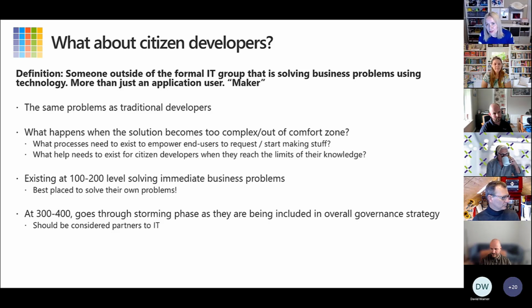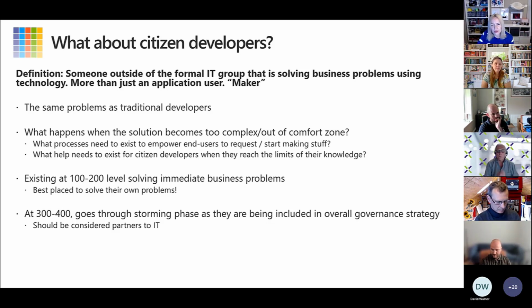Or in the absence of that end user having the desire, the ability or the time to be a citizen developer, what is the process for them to ask for stuff? Is there an innovation funnel? How do you get ideas from people? What is the selection criteria? How do you determine whether to configure, to buy, to build? Who actually makes those decisions, and who understands how all of this fits into the business enterprise architecture?